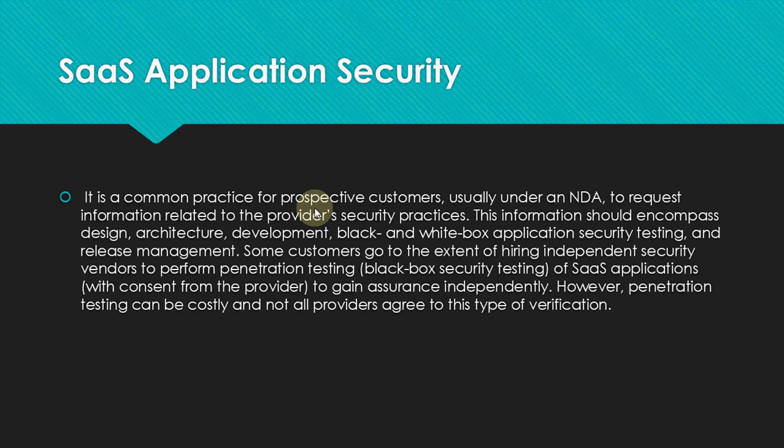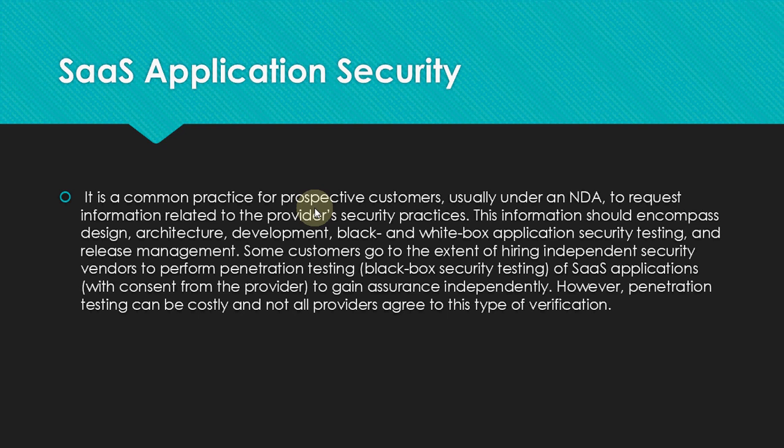Means you have to cover design, architecture, development, black and white box application security testing, and release management. At the SaaS level, some customers want the software providing the service to be secure.